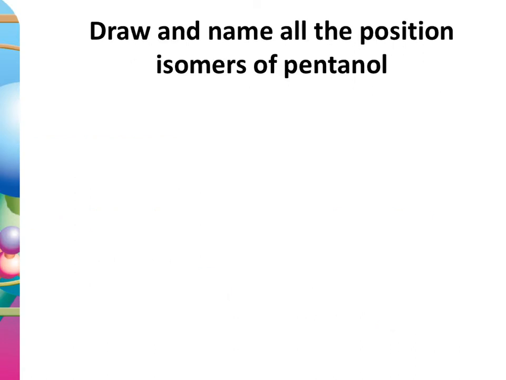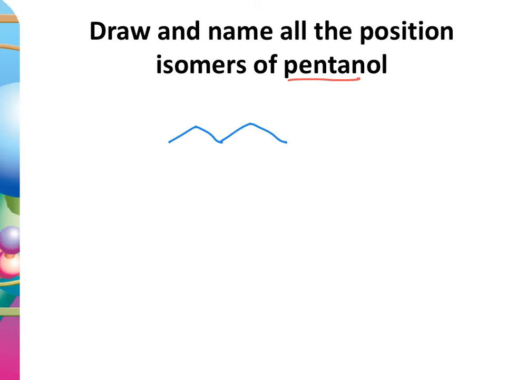So here we're being asked to draw and name all the position isomers of pentanol. The fact that it tells us it's pentan means that in every example that we're going to draw, there are going to be 5 consecutive carbons. So in every example, I'm going to be drawing, using my skeletal formula again, 5 carbons.